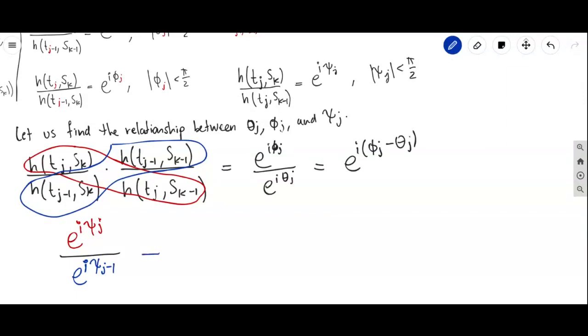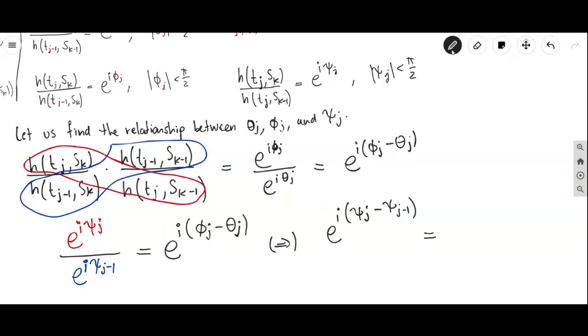And all of this is equal to e to the i, phi j goes first, minus theta j. So this implies, let's subtract the exponentials, e to the i phi j, psi j minus psi j minus 1.